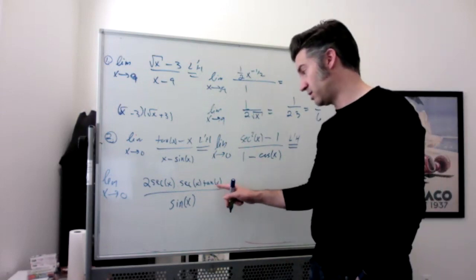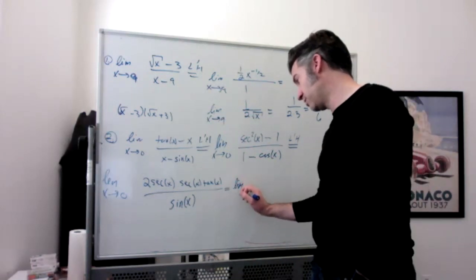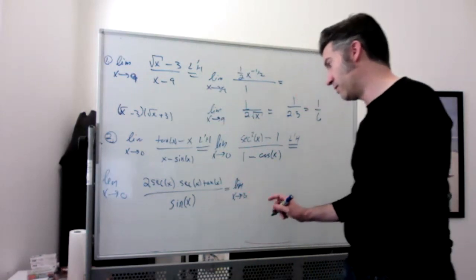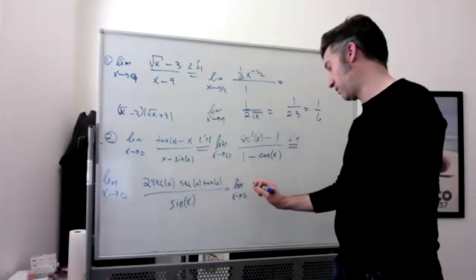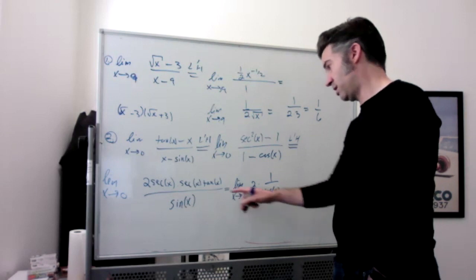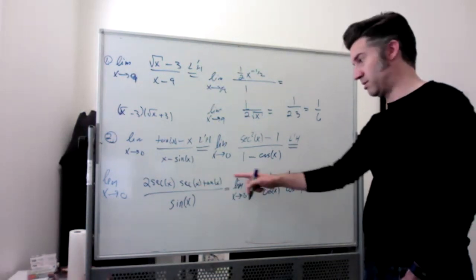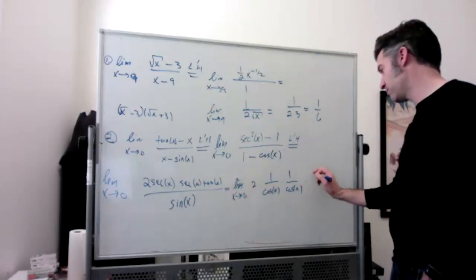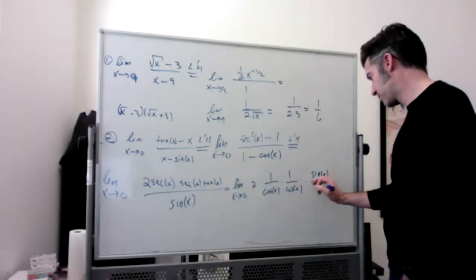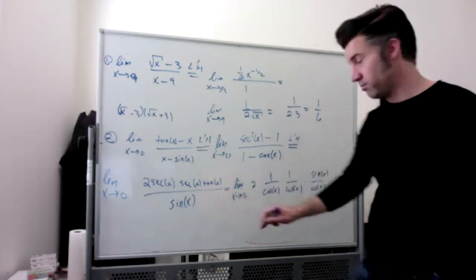So I noticed that tangent is sine over cosine. In fact, I can write this whole thing as the limit as x goes to 0 of, well, secant is 1 over cosine, so I've got 2 times 1 over cosine times another 1 over cosine times tangent, which is sine over cosine, times 1 over sine.